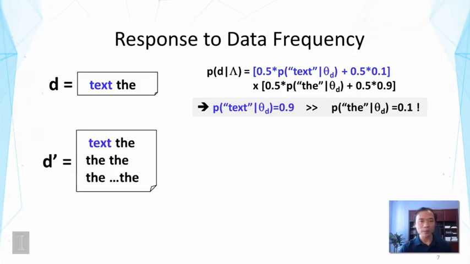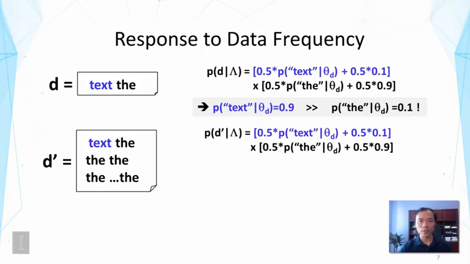What would happen if we add many "the" to the document? Now, this will change the game, right? So how? Well, picture what the likelihood function would look like now. Let's start with the likelihood function for the two words. As we add more words, we just multiply the likelihood function by additional terms to account for the additional occurrences of "the".